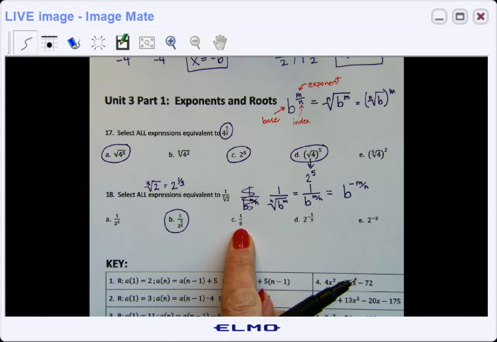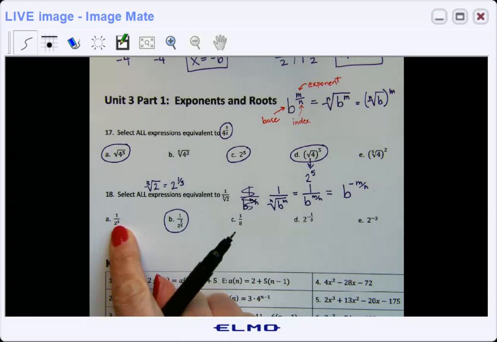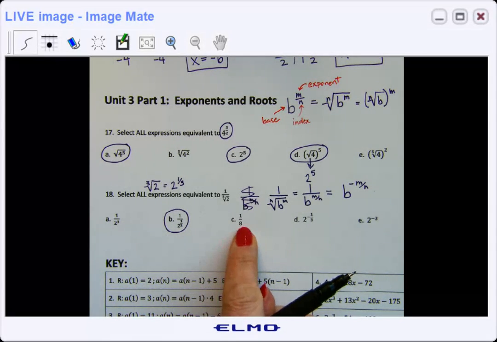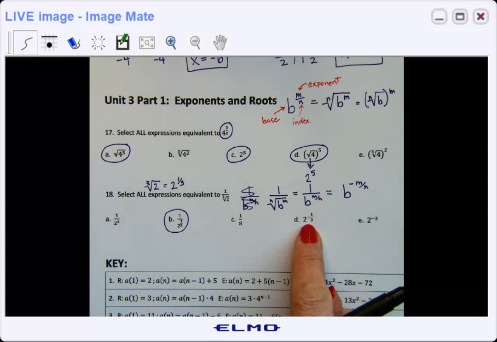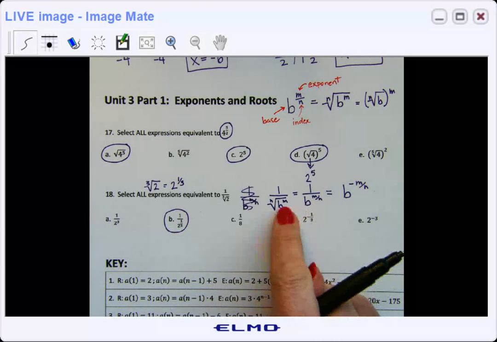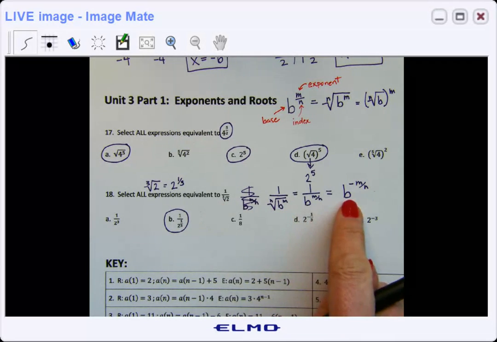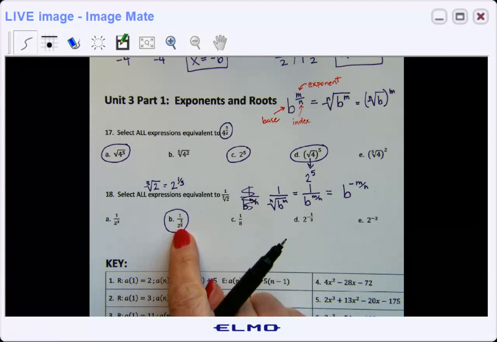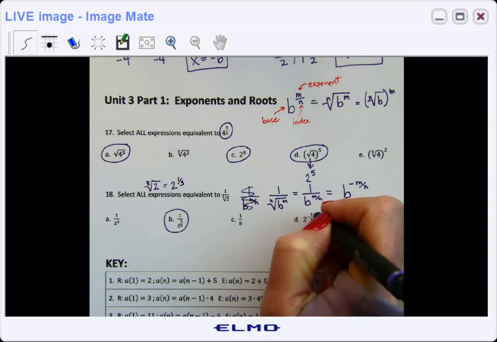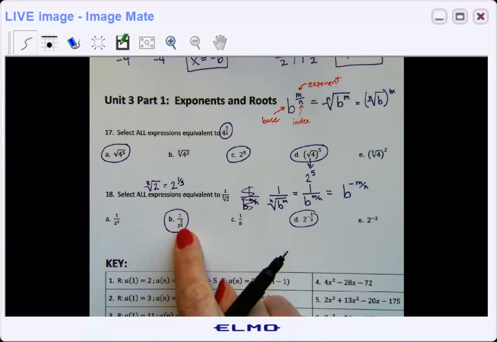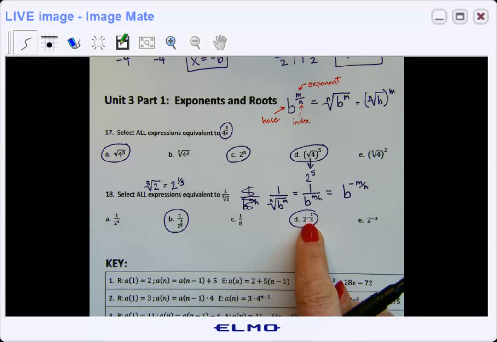C is just kind of there as a distractor. If you thought this was correct, then that would be correct, but neither one is, okay? And then 2 to the negative 1/3. So here's where we start with this problem, here's the middle, and then here's the final result, because to move 2 to the 1/3 out of the fraction, you just make the exponent negative.